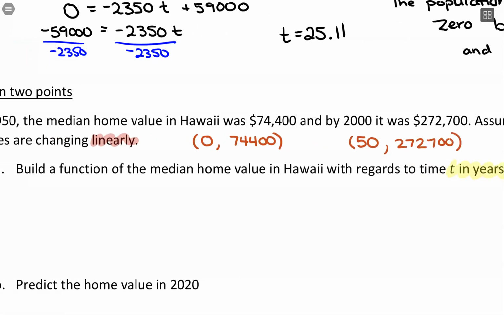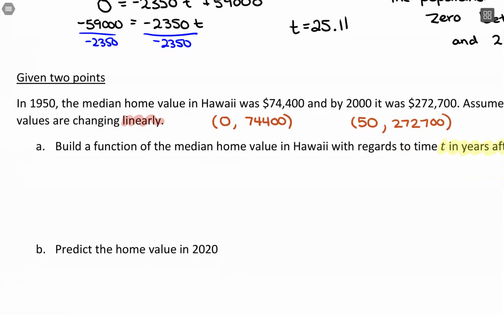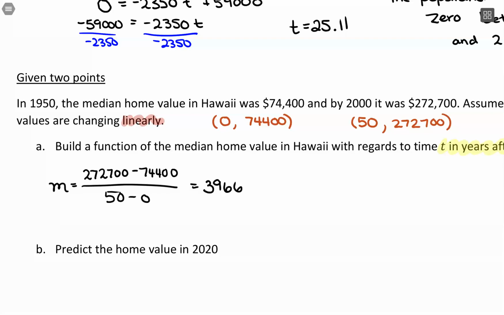Alright, so for slope, we have 2 coordinates, so I'm going to calculate slope first and take the difference in the outputs over the difference in the inputs. And we'll just put that in a calculator, and that should be 3,966. And then, if we needed to, we could find the y-intercept by plugging in a coordinate. However, we already have the y-intercept. We're starting at $74,400.